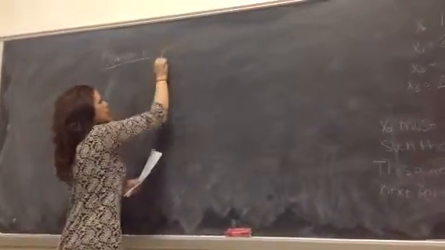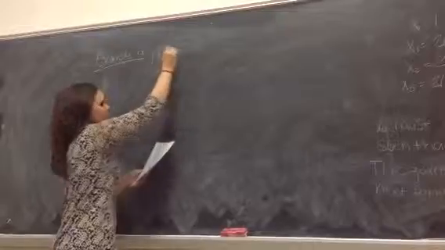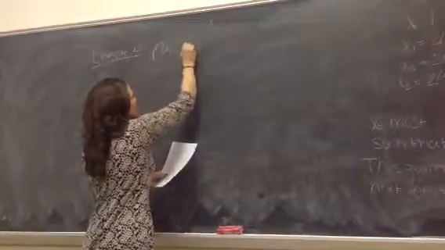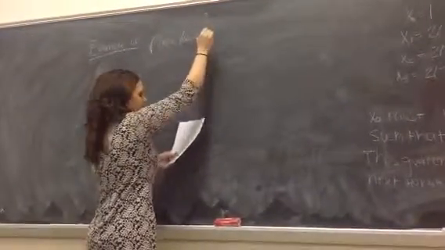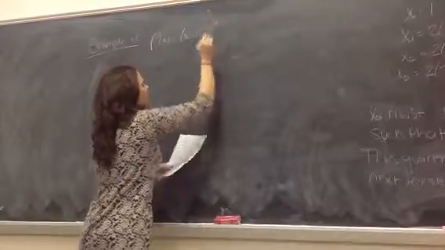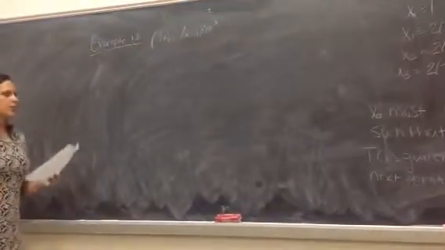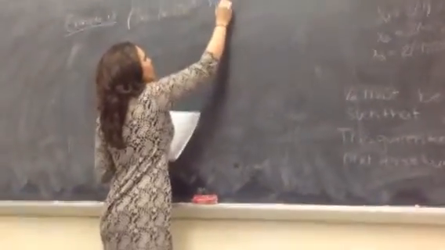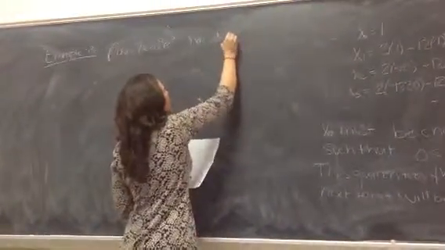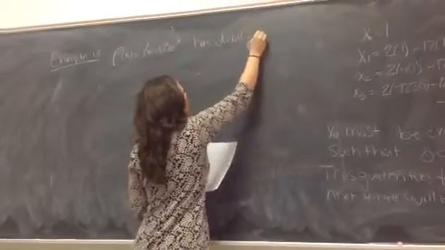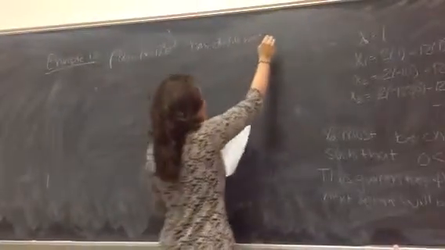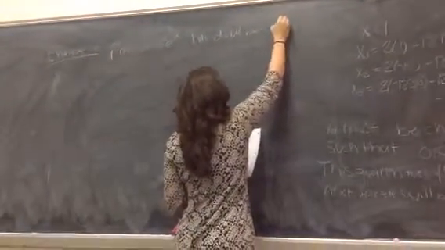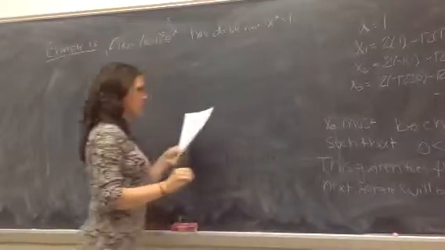We have f of x equals (x minus 1) squared times e to the x. This particular function has a double root at x star equals 1.